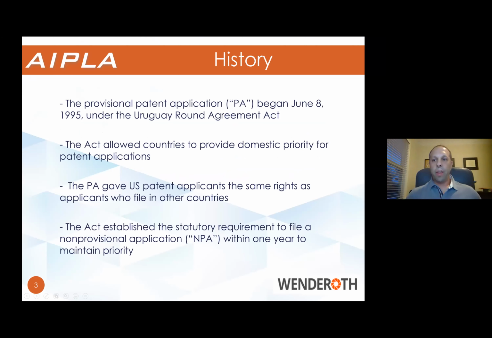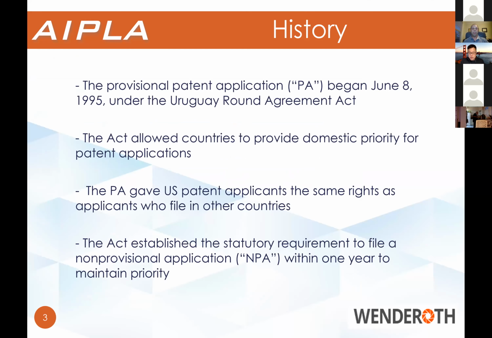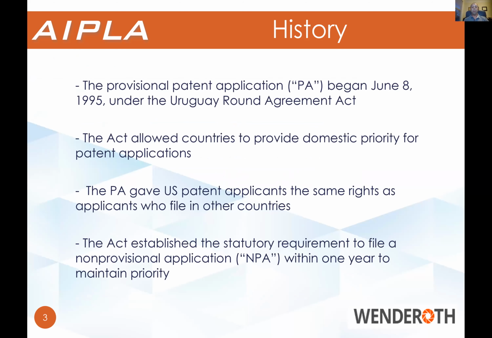So as a history here, the provisional application, and it's PA in this slide deck, came about in 1995 under the Uruguay Round Agreement Act. And that act allowed countries to provide domestic priority for patent applications.